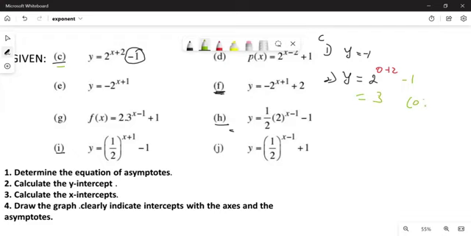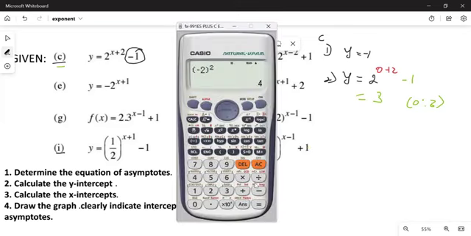Then you have 0, which goes with 3. Are you still fine? You type this in your calculator exactly the way it is: 2 to the power of 0 plus 2, and then minus 1. It gives us 3 again.